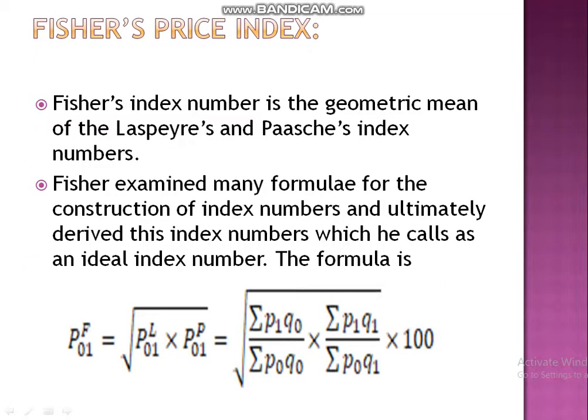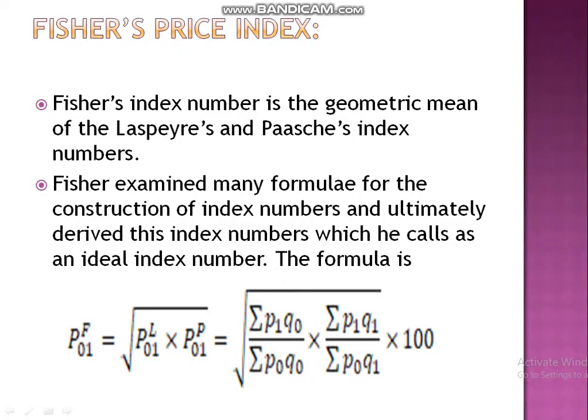Then what is Fisher's price index? This Fisher's price index is the geometric mean of Laspeyres' and Paasche's index number. For this, you have to recall your geometric mean formula which you had studied in your high school or in your first PUC also.